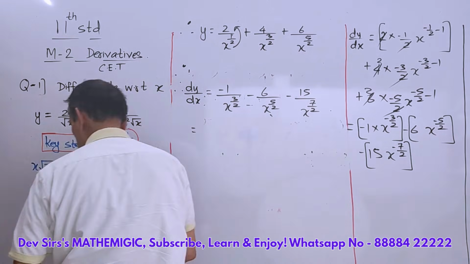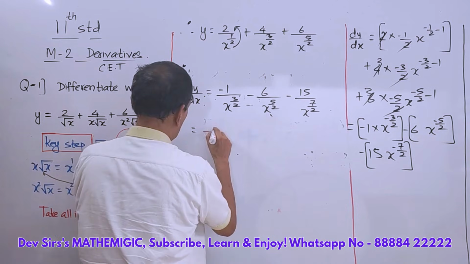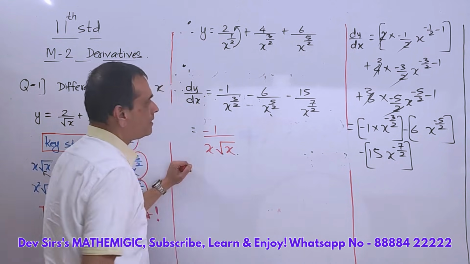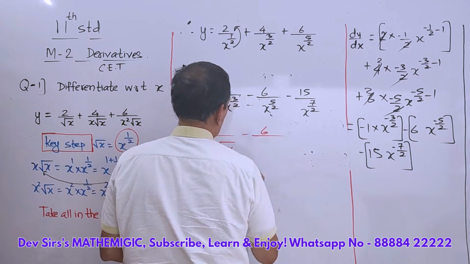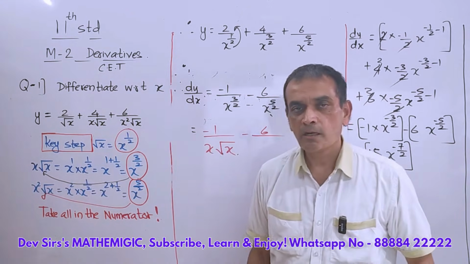I will write the final answer with a red pen. x raised to 5 by 2 is x squared root x.